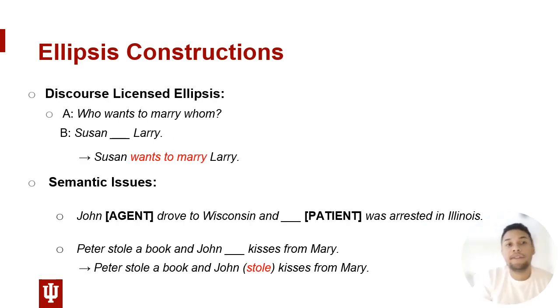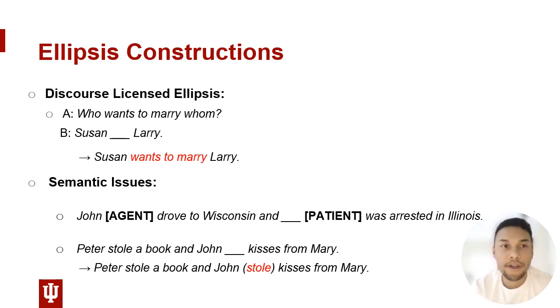Another example is discourse licensed ellipsis. So let's take, for example, two people, person A and person B, and we have the conversation, who wants to marry whom? And then the second person answering, Susan, Larry, in which the person just replaced the who and whom elements and did not repeat wants to marry.